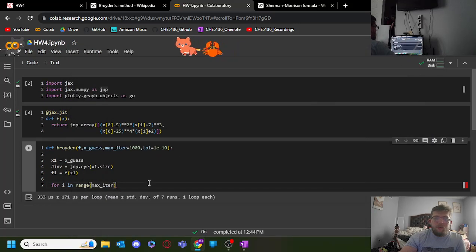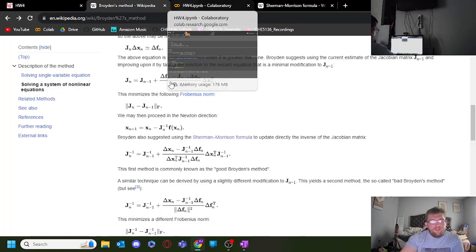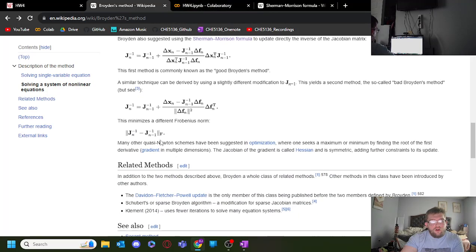Okay, that's still going. On range max iter, we're going to run while it's not surpassing the max number of times it wants to run. What we want to do is we want to update our x value.